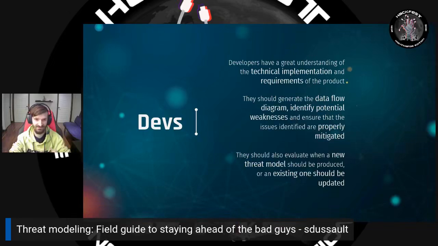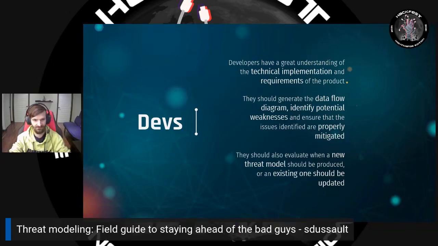Second, obviously, the data flow diagrams. This can be kind of a hot topic. I know some people believe that it should be the security team's responsibility to work on that. In my own opinion, developers are the best people to do that. And once the company grows to a certain level of maturity, in a completely ideal world, the developers should be able to be the owners of that process.